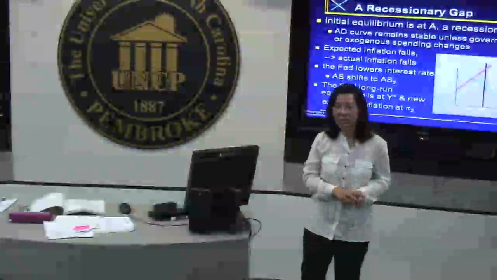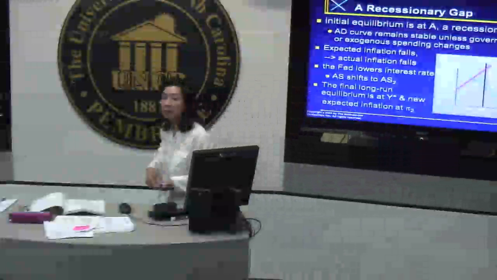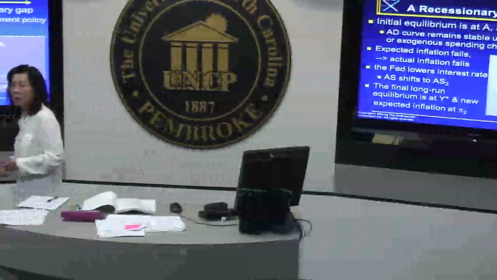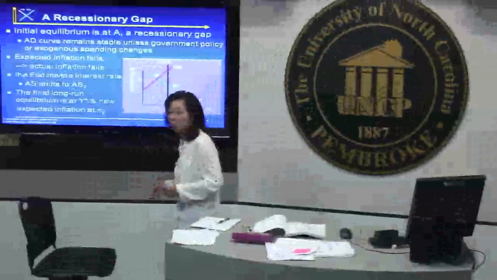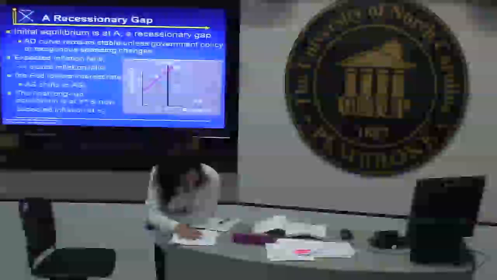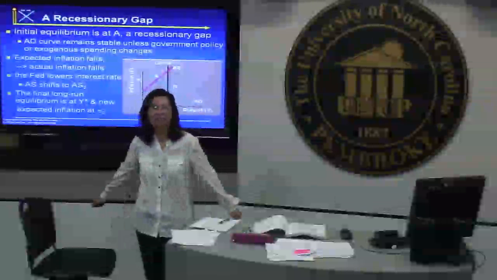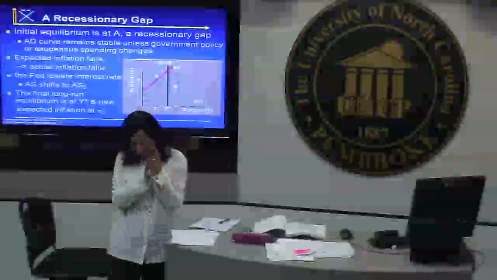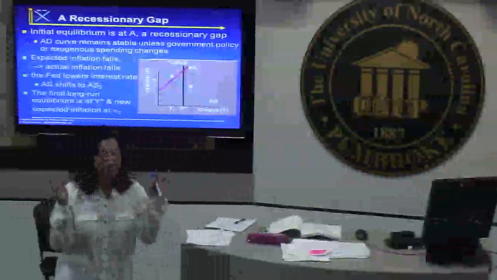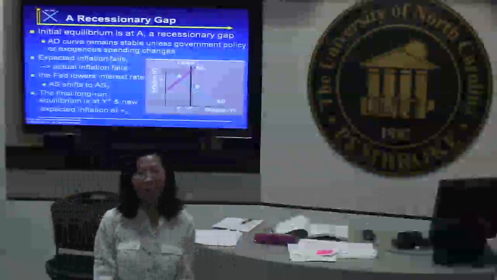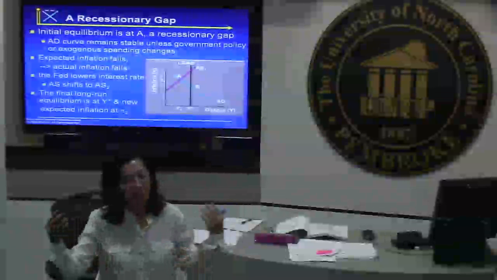What are the three things you could do? Yes? Raise taxes. No? We're going home. Okay. We want to practice expansionary policy, and there are two types of policy, monetary and fiscal policy.